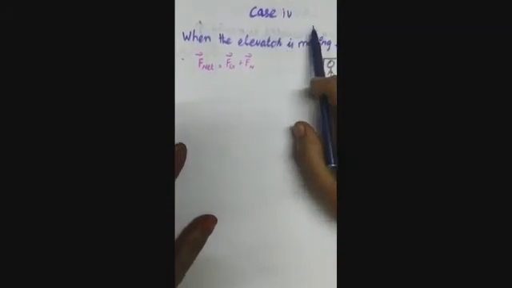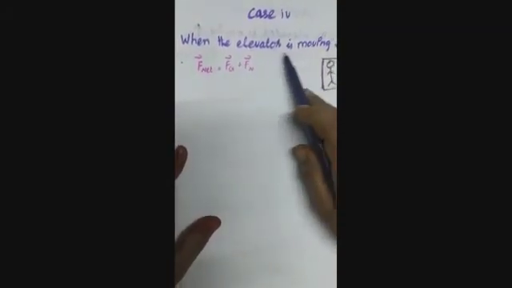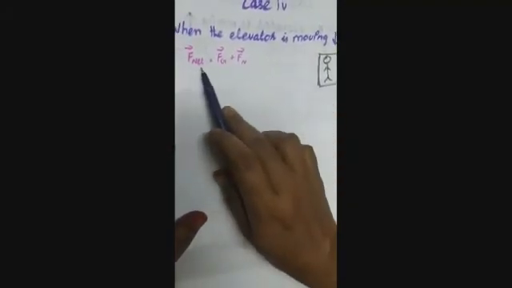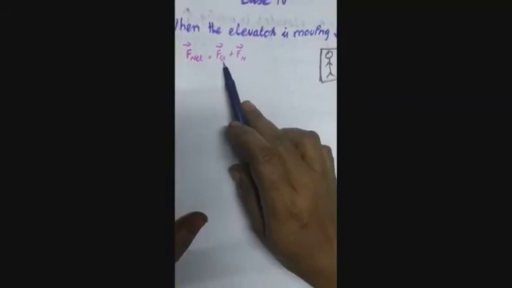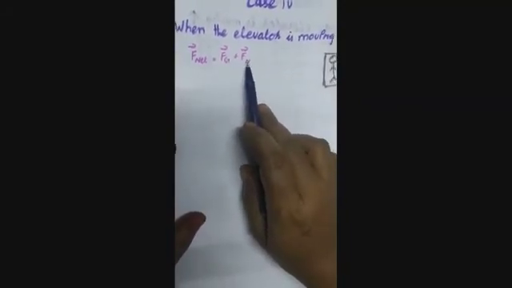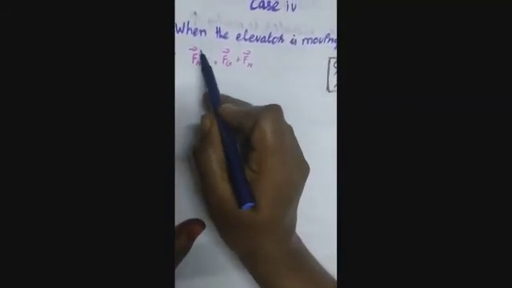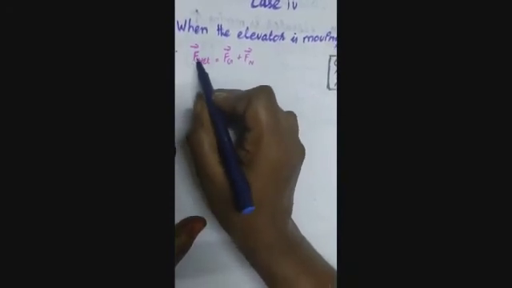Now we come to the fourth case. In the fourth case, the elevator is accelerating in the downward direction. The net force F net on the man is the gravitational force plus the normal force. In Newton's second law, F is equal to m into a.